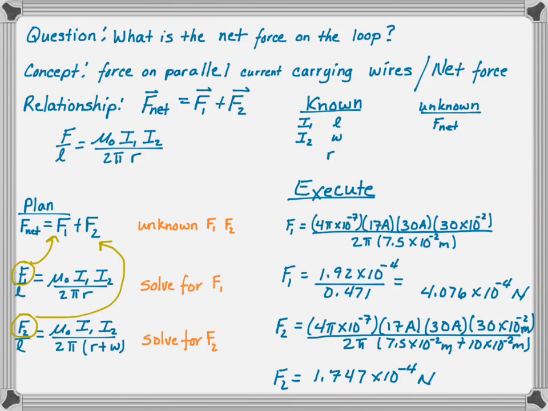So now I've solved for F1 and F2, and I can plug those back into the original equation. The net force is going to be equal to 4.076 times 10 to the minus 4 newtons, and this is going to be negative because it's in a negative y direction. If you go back to the original drawing, F1 is going down and F2 is going up.